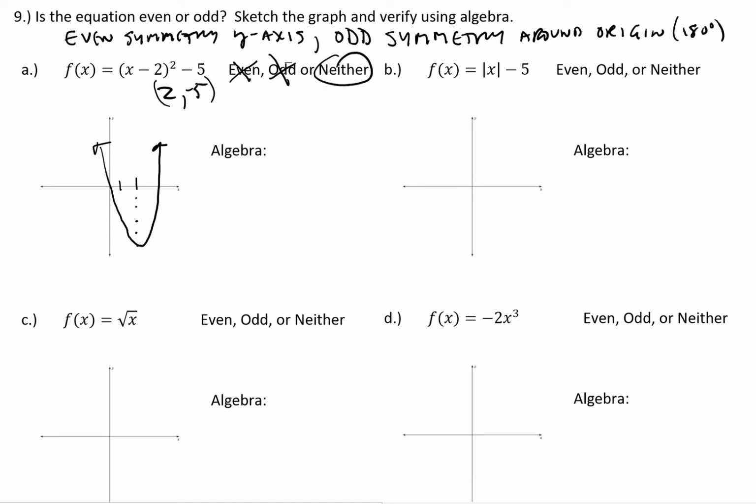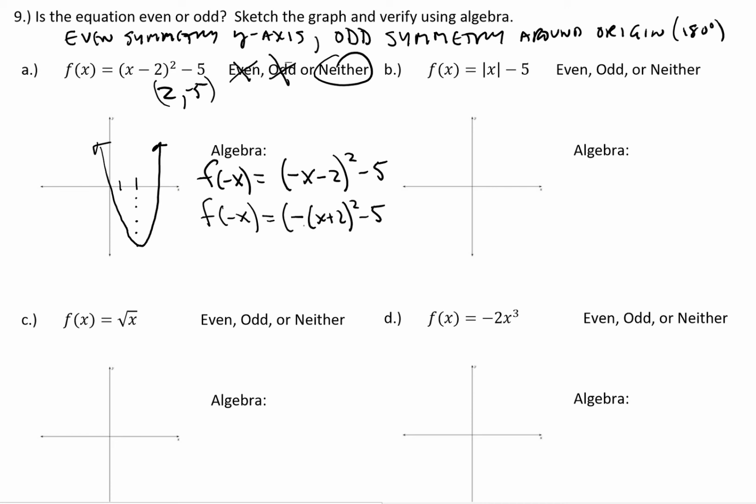Now, to show this, what we do is we plug in f of -x and see what we get. So when I plug this in, I get -x minus 2 squared minus 5. So then essentially this ends up being -x plus 2 squared minus 5.